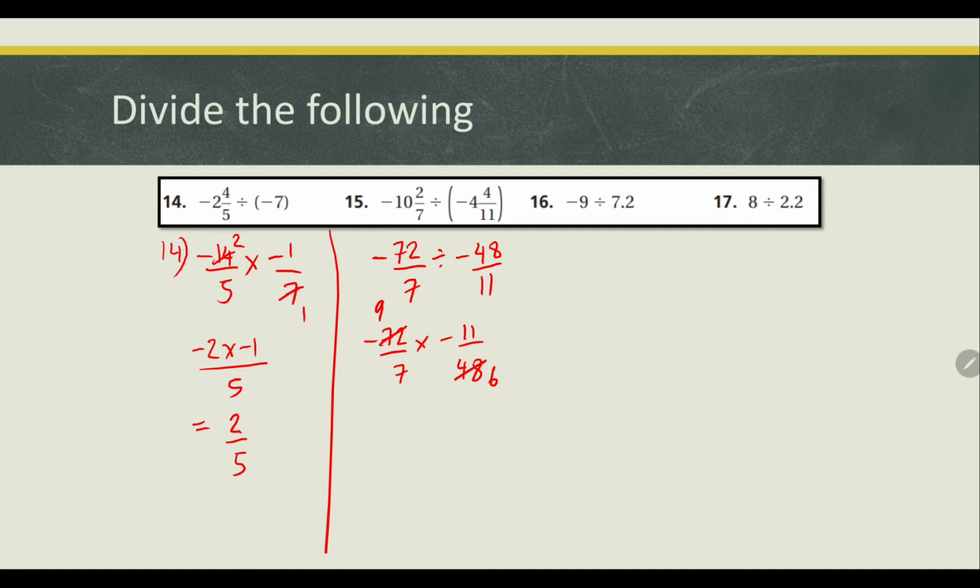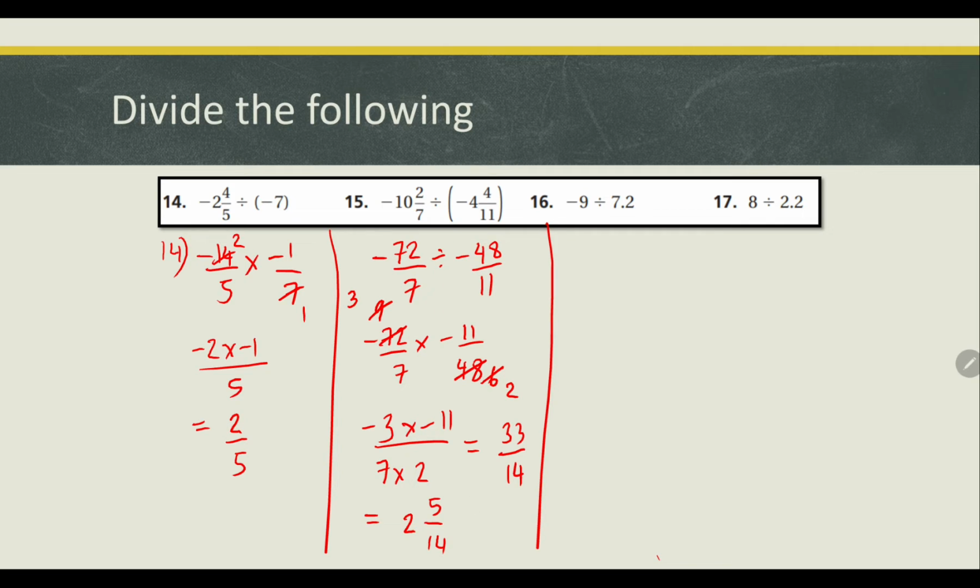And we see that 9 and 6 can be simplified more. 9 will change to 3, 6 will change to 2. So we have negative 3 times negative 11 over 7 times 2, which is equal to 33 over 14. If you want to change it to a mixed fraction, we would have 2 and 5 over 14.